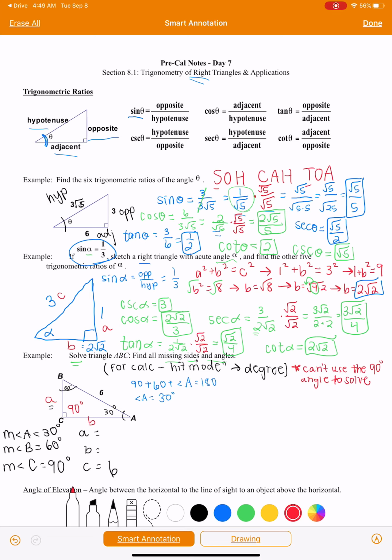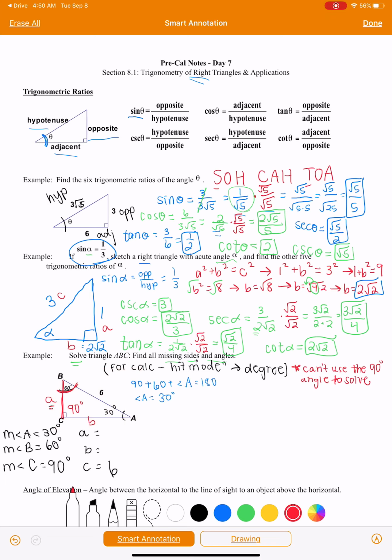So first off, if I'm looking for side length a, and I'm going to use the reference angle 60 degrees, well, side length a is adjacent to that angle B of 60 degrees.